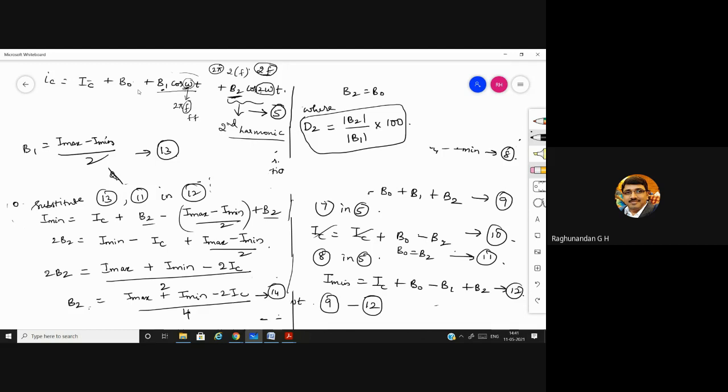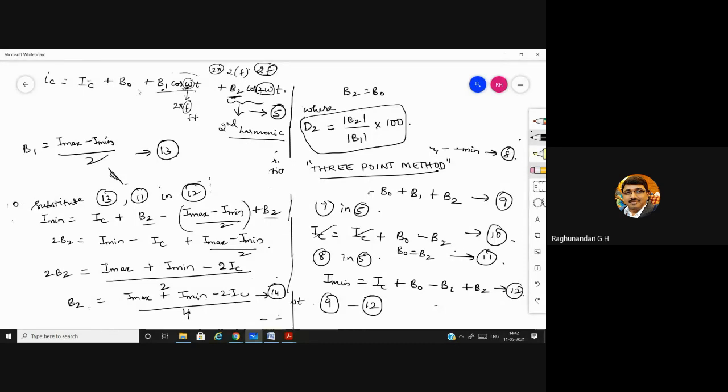The method we are using to find the second harmonic distortion till now, whatever we did, is known as the 3-point method. It is very important to know this because once it was asked, derive the expression for second harmonic distortion using 3-point method. Many of them did not know this name, so they thought it is some out of syllabus question, but it is in the syllabus.